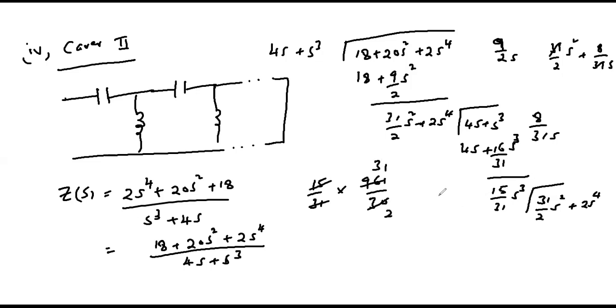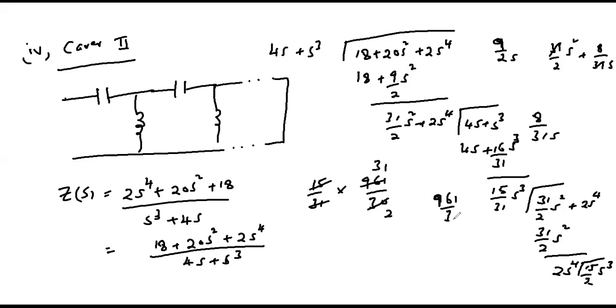And therefore, the term here is 961 over 30s, which I should have written here, but we can just note we've written it here, which will give us 31/2 s^2. The difference is 2s^4, which we divide into 15/2 s^3. It's good to note that the s is on the denominator.